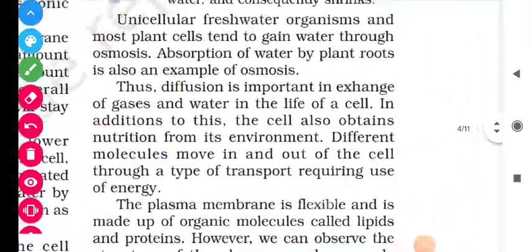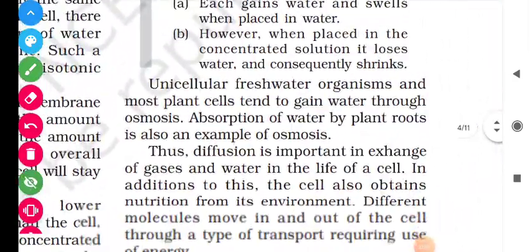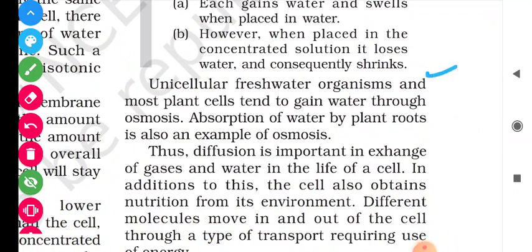Moving to the next paragraph here. What is it trying to tell? Unicellular freshwater organisms. Unicellular means the organisms which have only one cell as their body part. Most plant cells tend to gain water through osmosis. See, when the gaseous exchange takes place, that process is called diffusion.